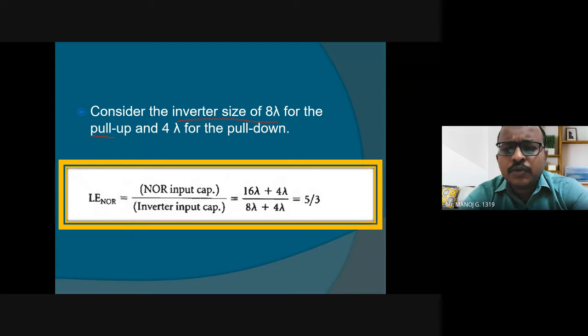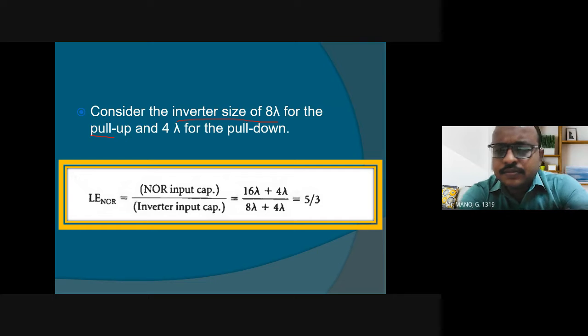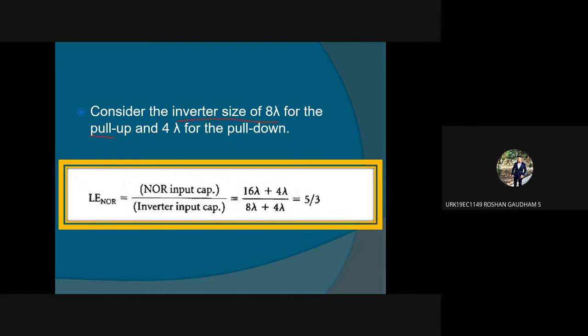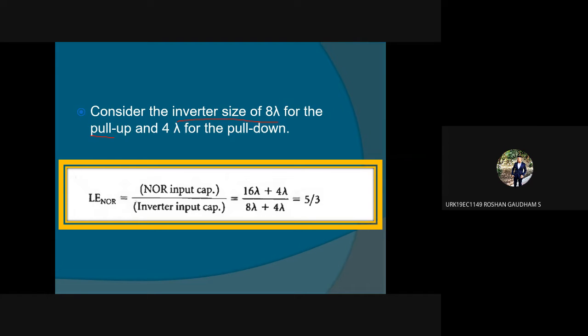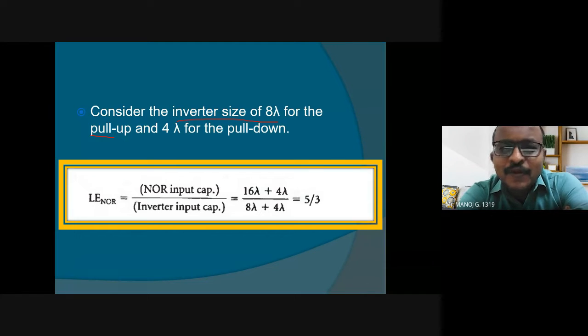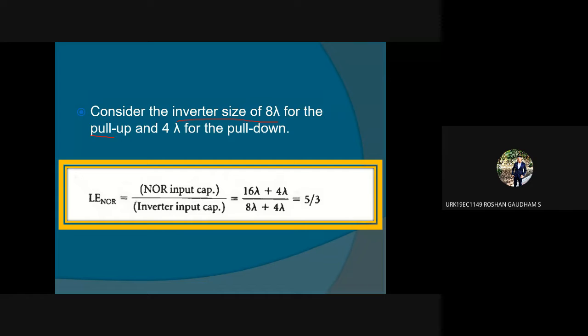What is a pull-up transistor? We'll ask Mr. Roshan, what do you mean by pull-up transistor? And what is pull-down transistor? Roshan, what do you mean by pull-up and pull-down transistor? Long back you studied, huh? Just a second, let me refer.